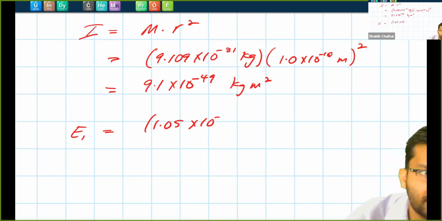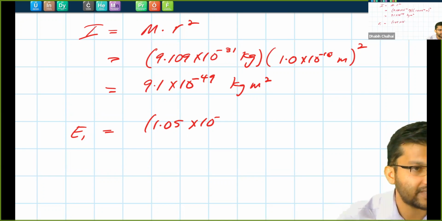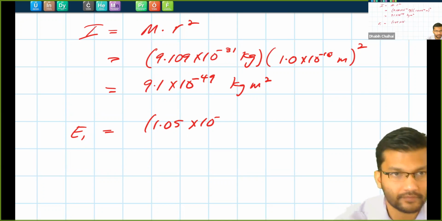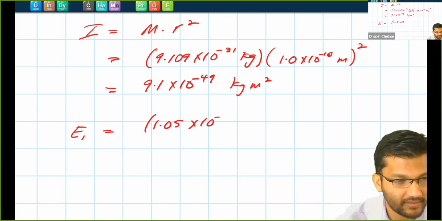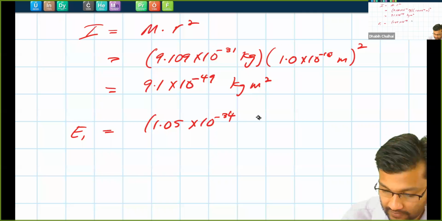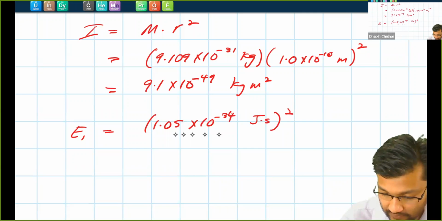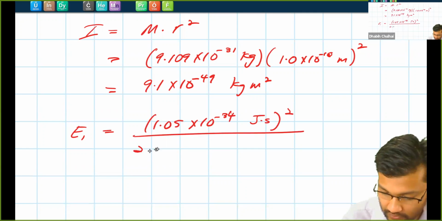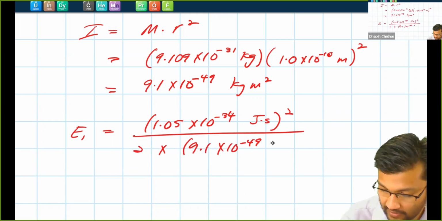H bar is 1.05 by 10 to the minus 34. Okay, there we go. So 10 to the minus 34 joules times seconds, squared, over 2 times 9.1 by 10 to the minus 49 kilogram meter squared.